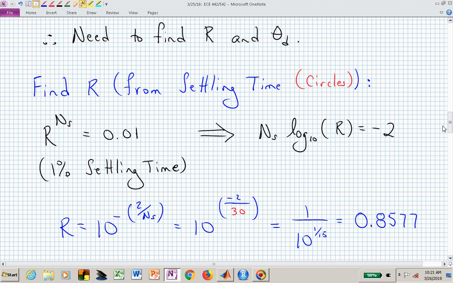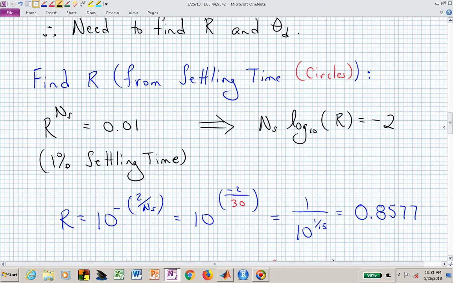So we now have r equal to 10 raised to the minus 2 over 30, which is the same as putting 10 raised to the 2 over 30 in the denominator. Now we have 1 over 10 to the 1/15th.